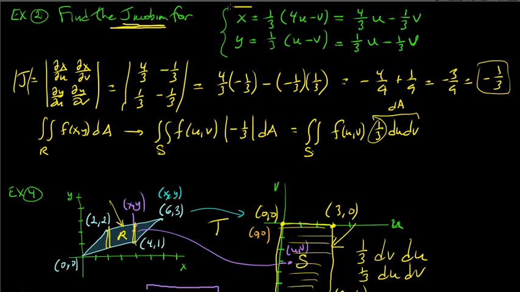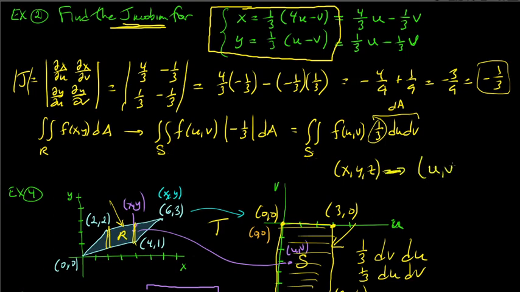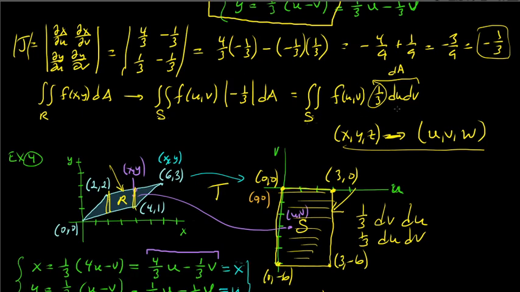You need to use a Jacobian anytime you're changing coordinates from your usual x, y, or x, y, and z to any other coordinate system, not just polar coordinates or cylindrical or spherical, but any other generic coordinate system, say u and v, or when you get to 3 variables, transforming them to u, v, and let's say w. Then your Jacobian will be a 3×3 matrix, like we did for the spherical coordinates.